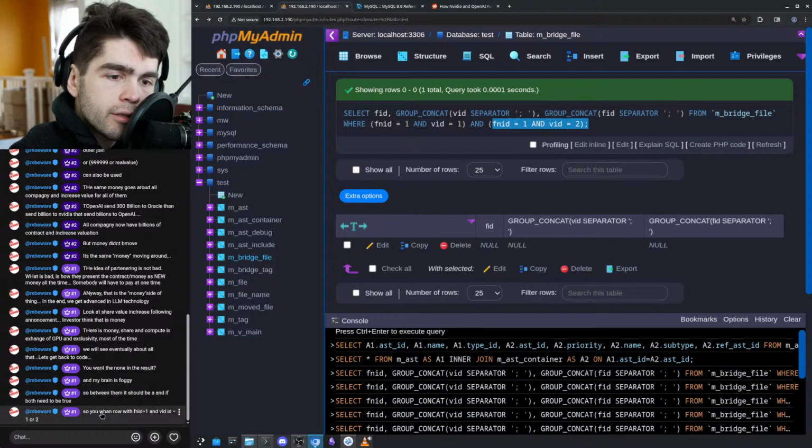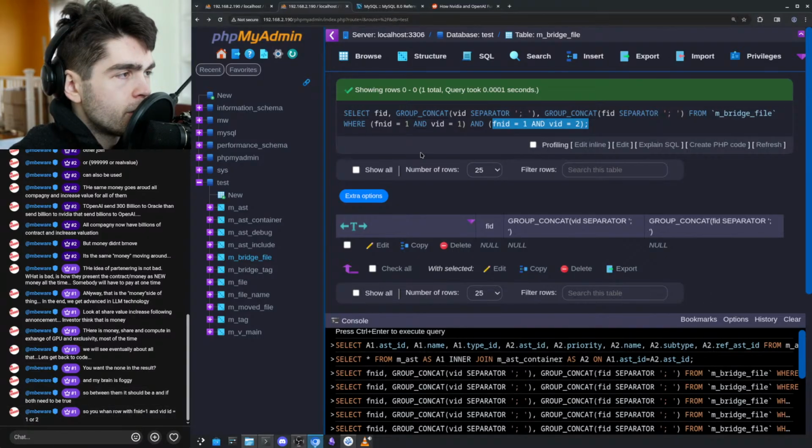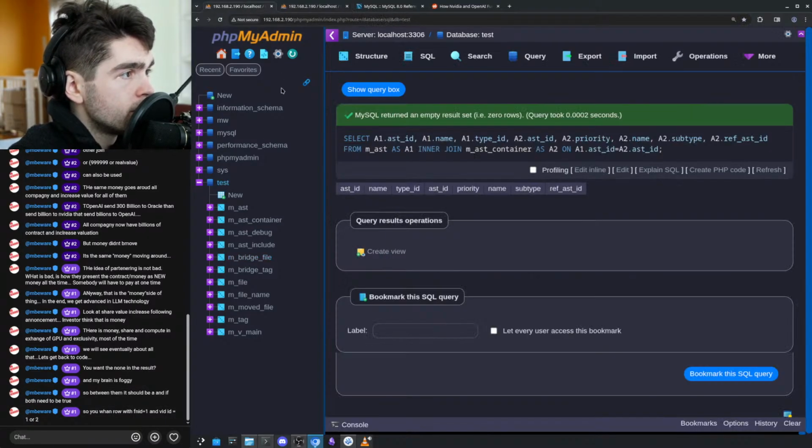So you want a row with FNID equals 1 and VID equals 1 and 2, both. Okay, let me show you the whole table. Maybe it will make sense.